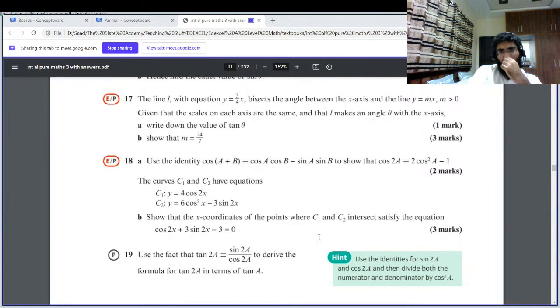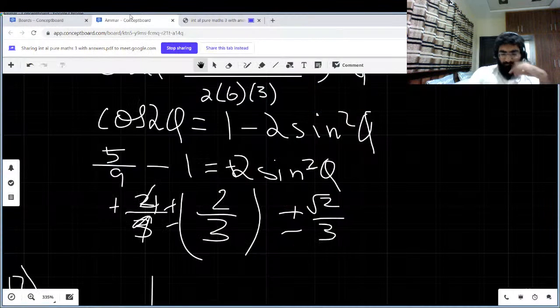Line L with equation y is equal to 3/4 x bisects an angle between the x-axis and the line y is equal to mx, where m is less than 0. So that means this m is greater than 0. So it's somewhere here.